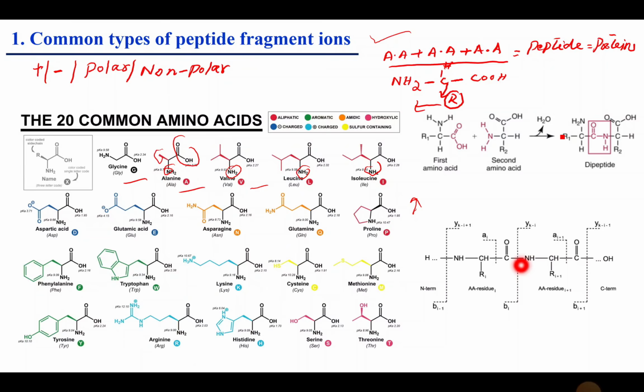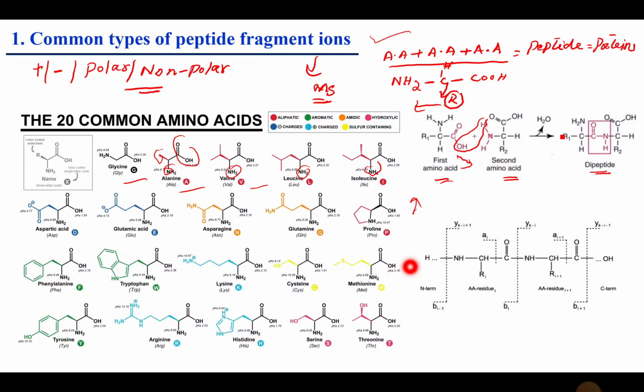So whenever we pass these amino acids through a mass spectrometer, we know that each amino acid is linked with another amino acid. Usually a water molecule is lost, and the amine group is linked with the carboxyl group of the first amino acid, and a new dipeptide is formed.